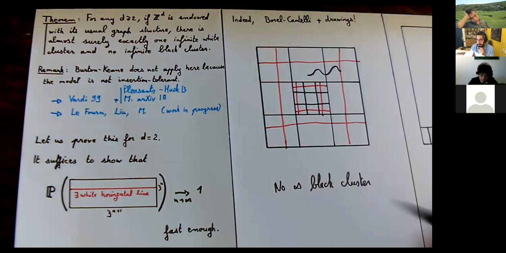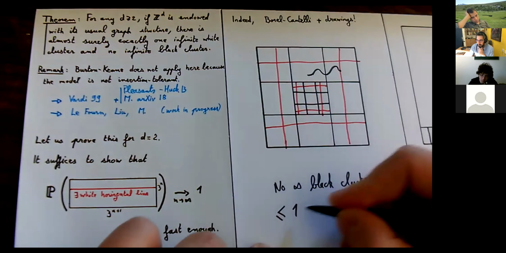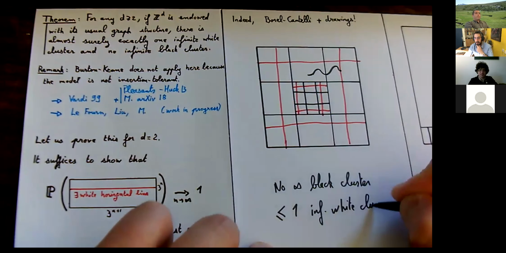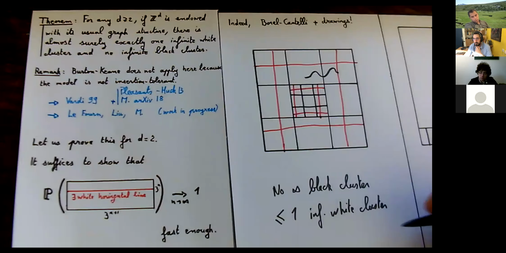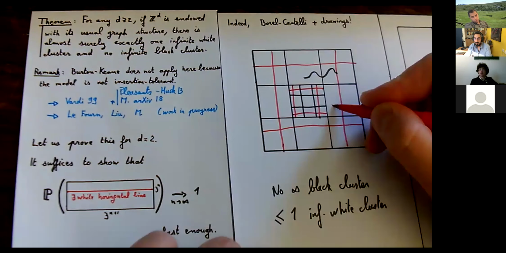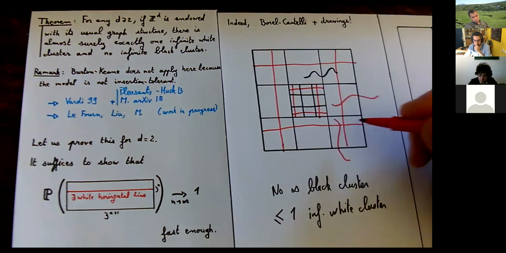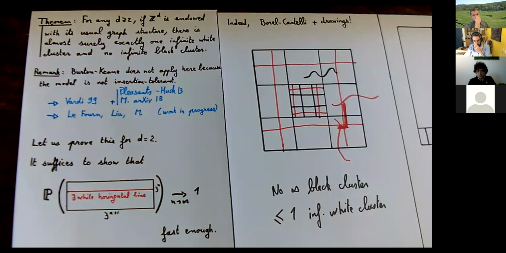And I have at most one infinite white cluster. For a similar reason, if I make two attempts to have infinite white clusters, they get connected by some square like this. So we have the non-existence of black cluster, the uniqueness of white cluster, but why does it exist?